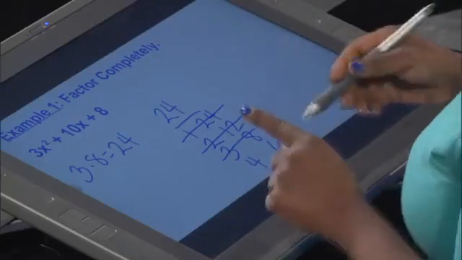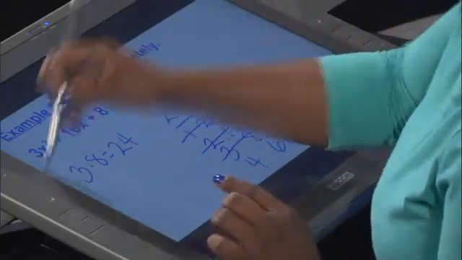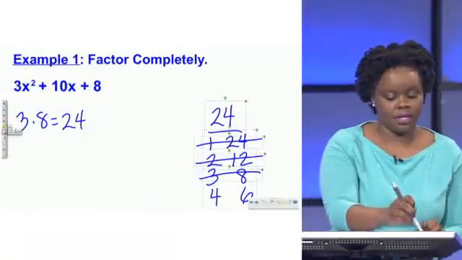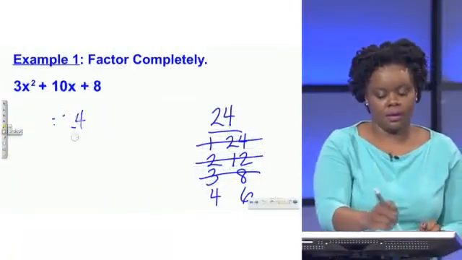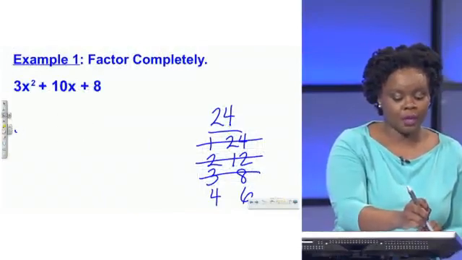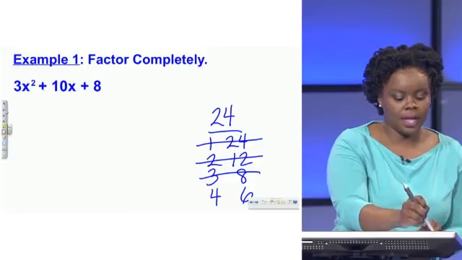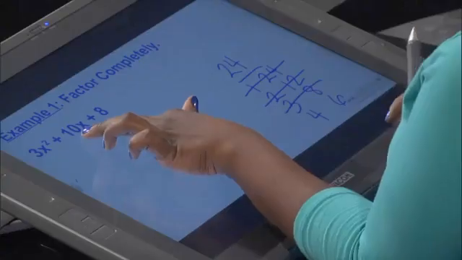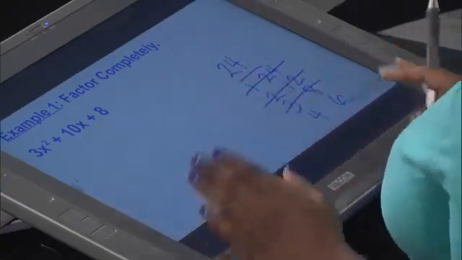So now what I'm going to do, I'm going to bring this off to the side a bit. Let's erase this. Okay. I'm at the point now where I split the middle term. So what that means is that instead of writing this, my middle term, that 10x, I'm going to split it.